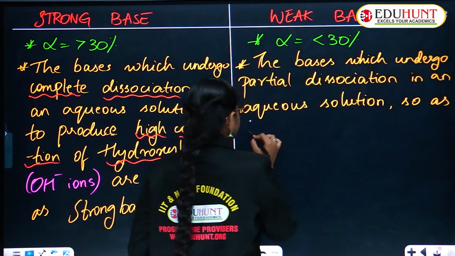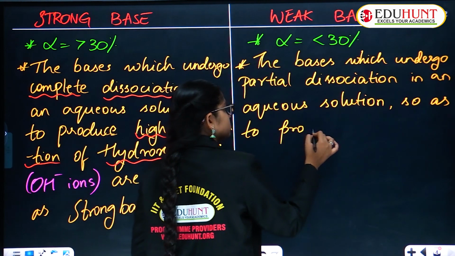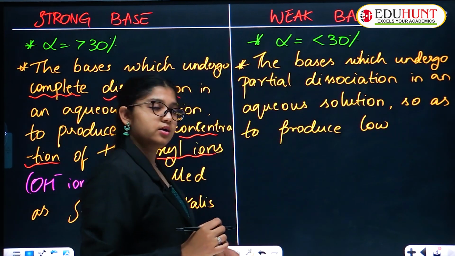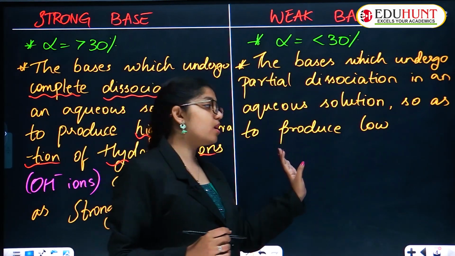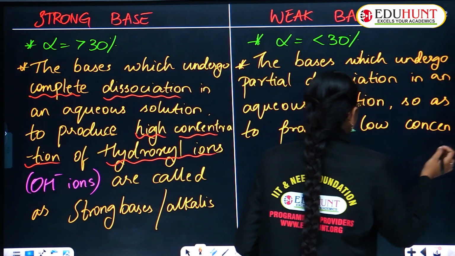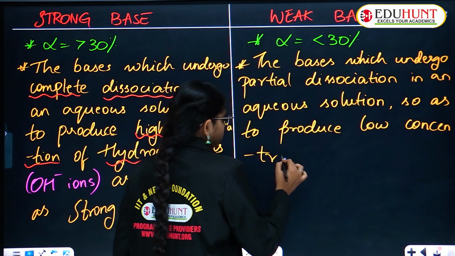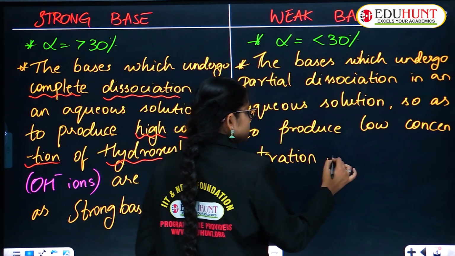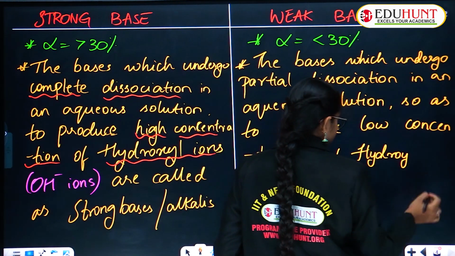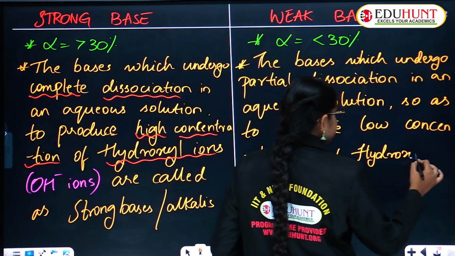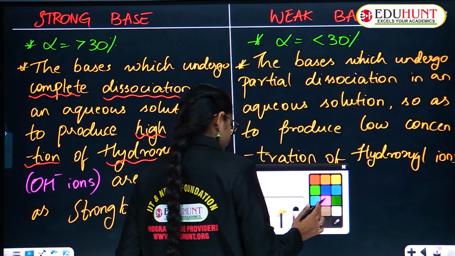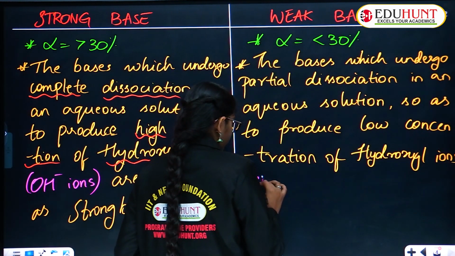So as to produce which concentration of ions, children? Here it is high, there it will be low. Very good. Low concentration of hydroxyl ions, representation OH minus ions.